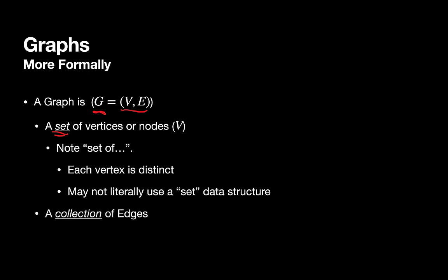Edges are typically represented as a collection. I say collection rather than set because there isn't necessarily this idea of things truly being distinct. More on that a little bit later, and we'll talk about some of the details we might have to worry about when we talk about implementing these. An edge is really just a connection between a pair of vertices. So the edges are primarily defined by the vertices that they connect. There may be some additional accessory data, as we'll see.